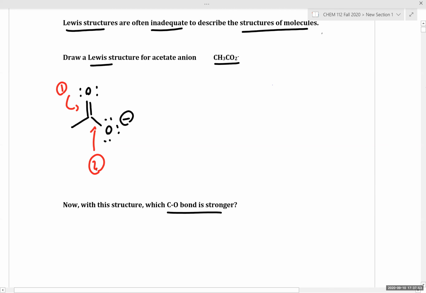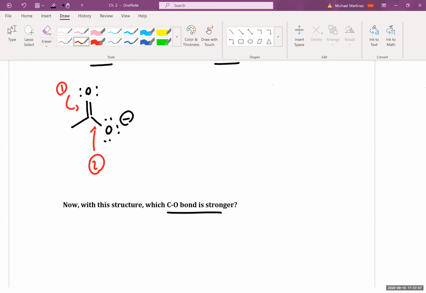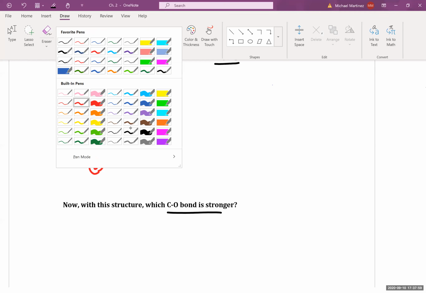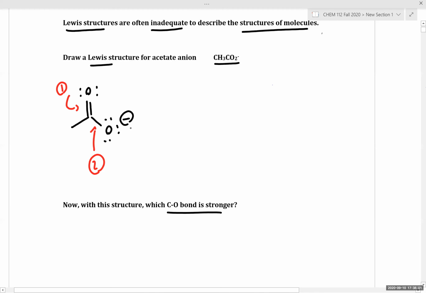Which bond, just looking at this structure, would we expect to be stronger? One. So at first glance, we would expect 1 to be stronger, as it has a bond order of 2.